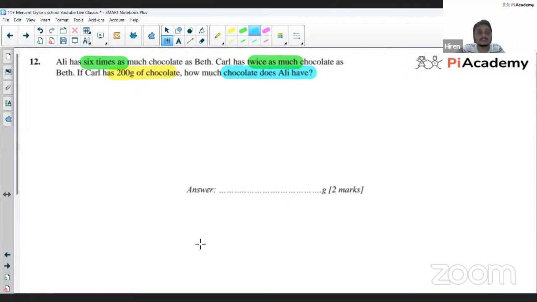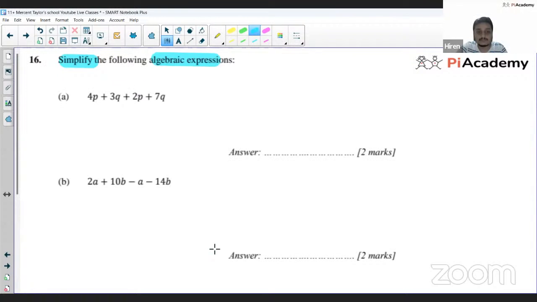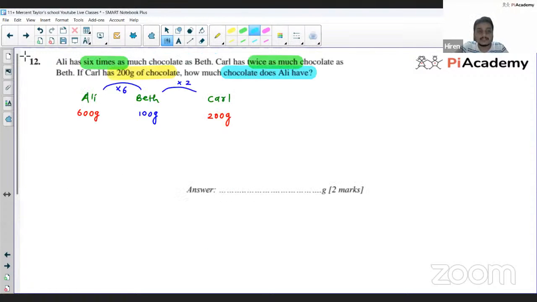Okay, so the question to you is: simplify the following algebraic expression. So there are two questions and each of the questions is of 2 marks. Okay, everyone? So please try to solve this question.